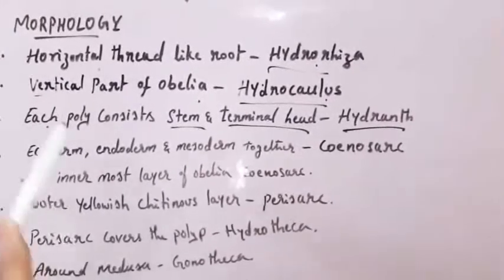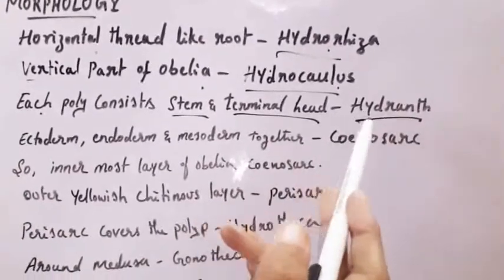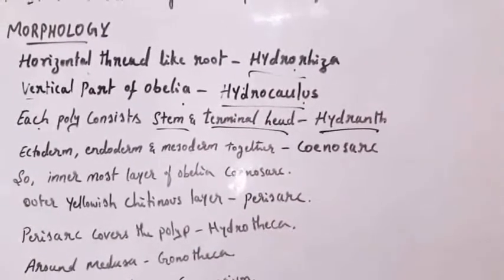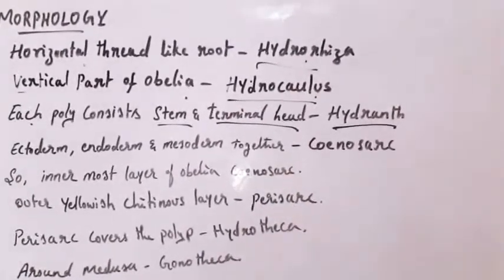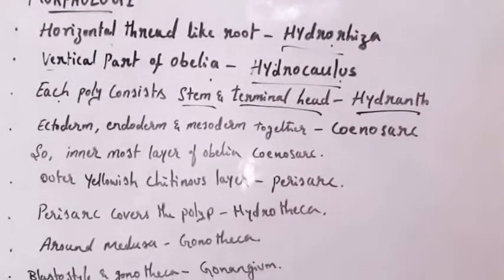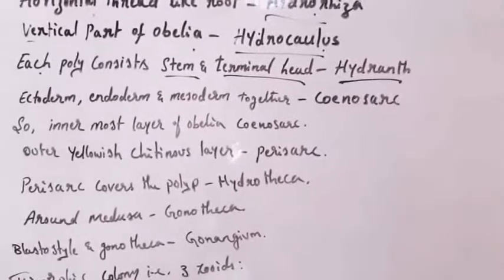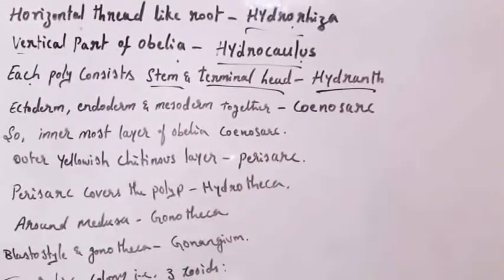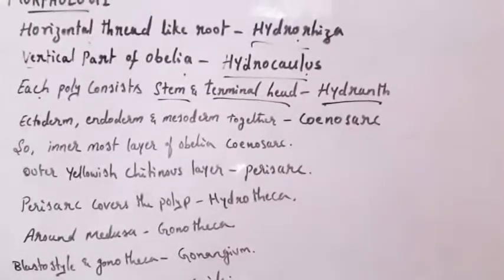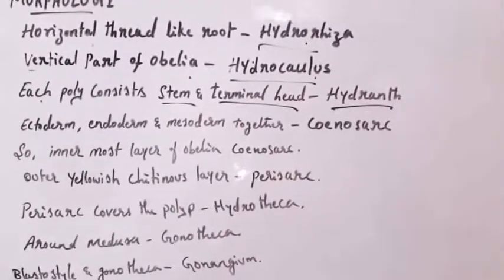So here these gastrozooids are the nutritive polyps which are involved in capturing minute animals and larvae. So one of the modified zooids is called a blastostyle, or also called gonangia, which are situated towards the base of the hydrocaulus. So the blastostyles are budding zooids.